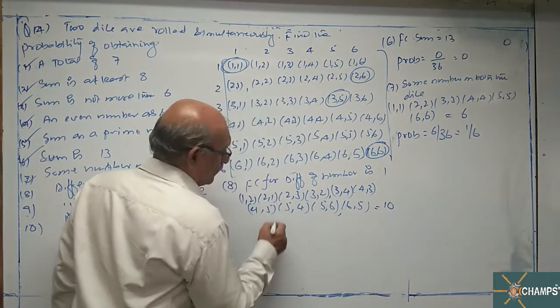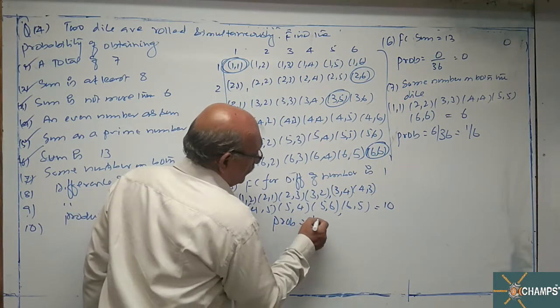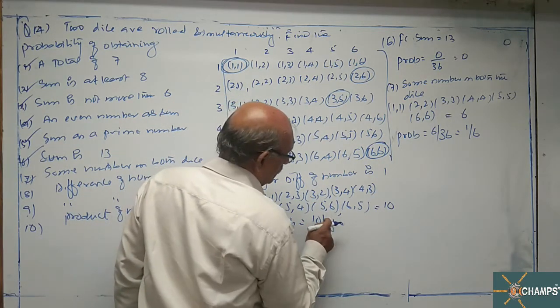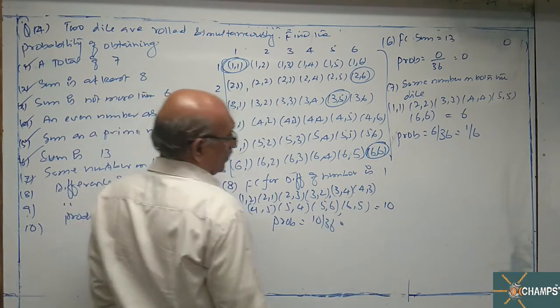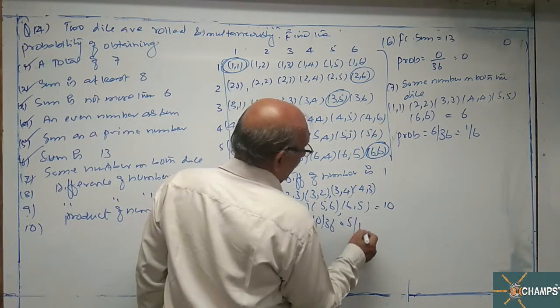So 10 cases. Probability is equal to 10 by 36 or 5 by 18.